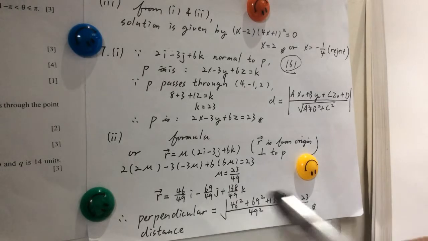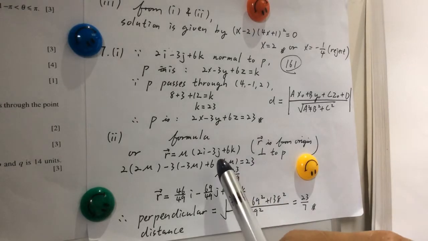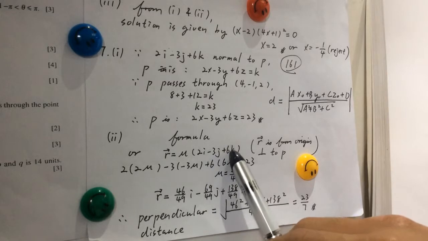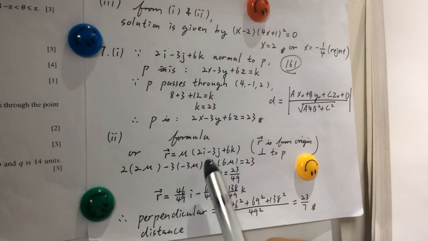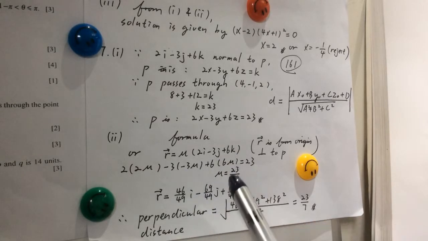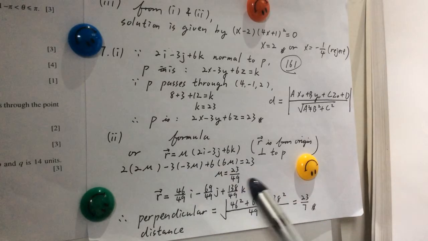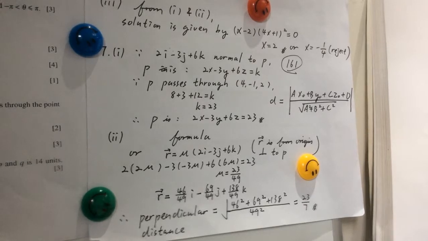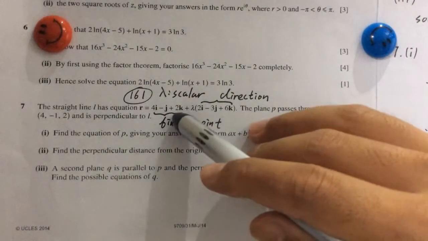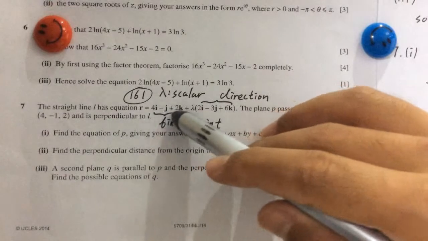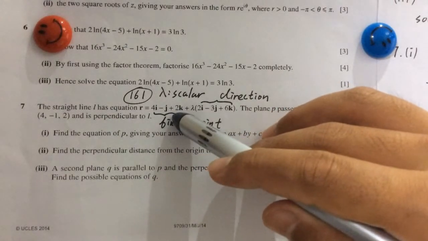We suppose R is the position vector from the origin to the plane P. That's why R is in this form, because from the equation of the straight line, the fixed point, that is the starting point, is the origin. So the first part of the equation, the fixed point, all equals 0, because it starts from the origin.